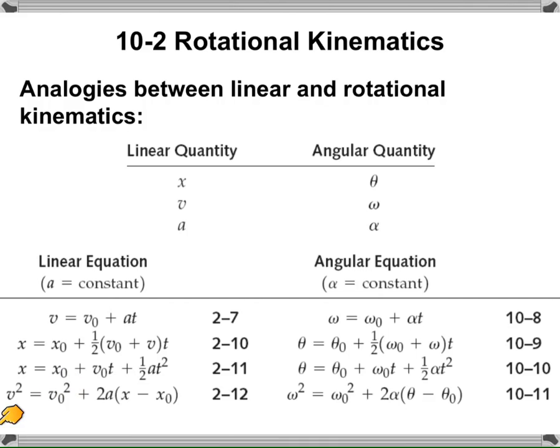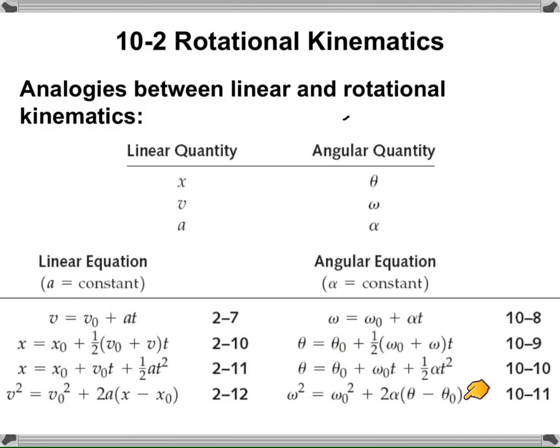And also we had this: if you know the initial velocity, the final velocity and the displacement, you can find the linear acceleration a, or vice versa. So we have the same kind of expression in rotational kinematics. You replace v square by omega square, v0 square by omega 0 square, a by alpha, and x and x0 by theta and theta 0.